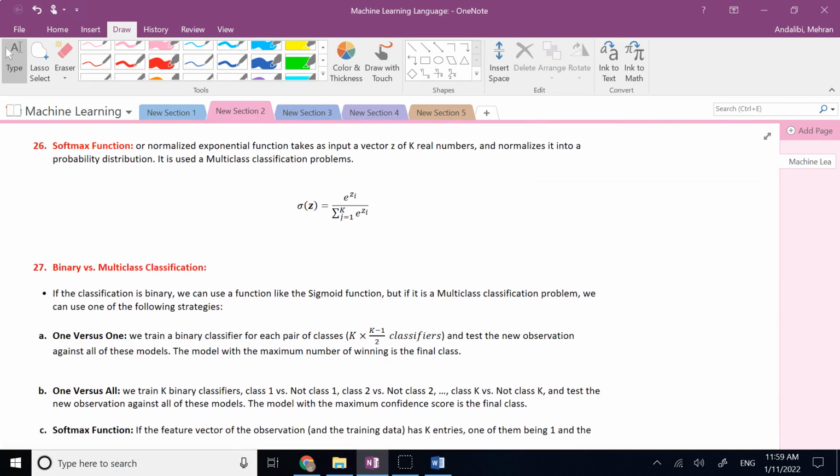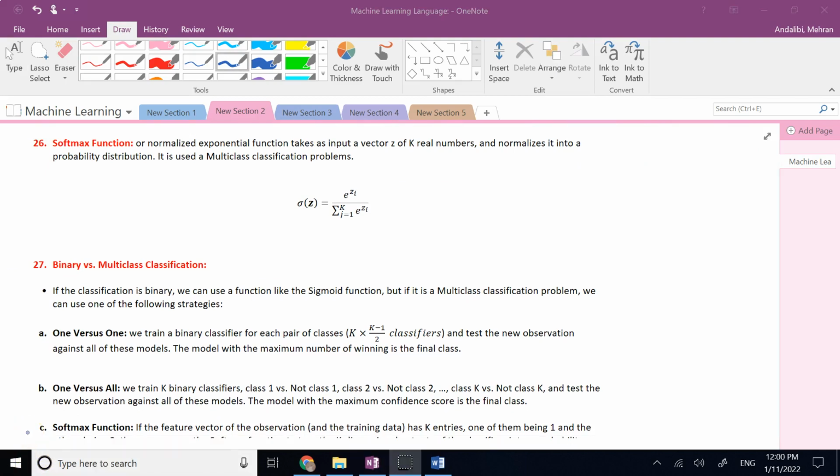The next function we are going to talk about is the Softmax function. The Softmax function has this interesting property that if you give it a bunch of real numbers coming from vector z, k real numbers, and these real numbers could be positive, negative, zero, or anything like that, they can have decimals or not, then it converts this vector of k real numbers into a bunch of numbers that are all positive.